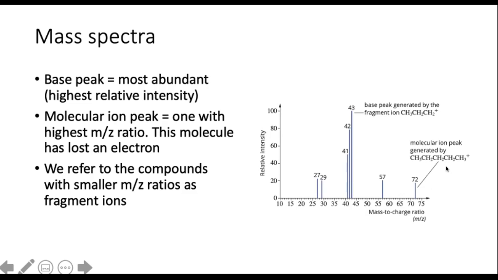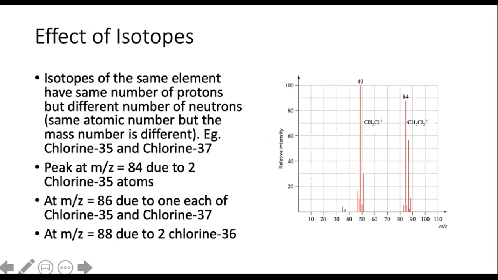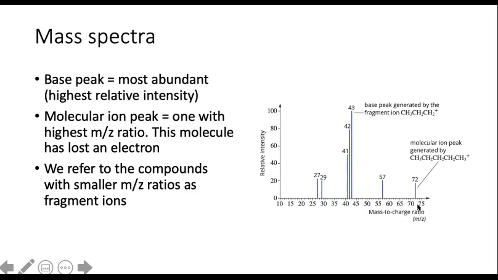It hasn't lost any of its fragment ions or any of its atoms. So we would just call this the molecular ion peak, and it's the one that has the highest mass to charge ratio. The mass is basically the molar mass, and the charge is the charge of the compound. And here the charge of the compound will always be 1.